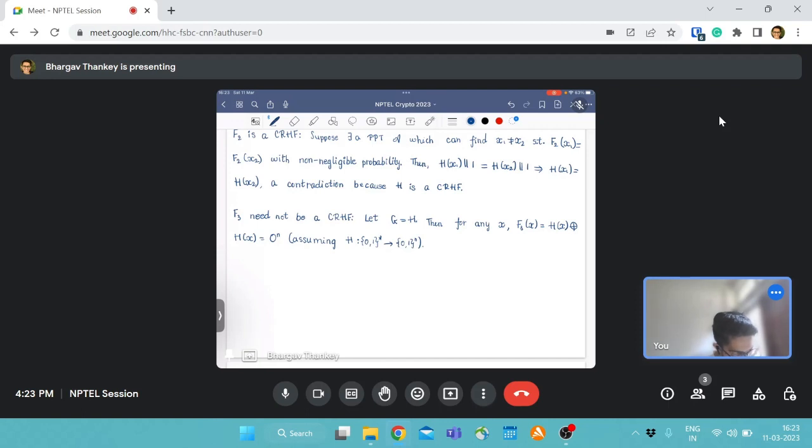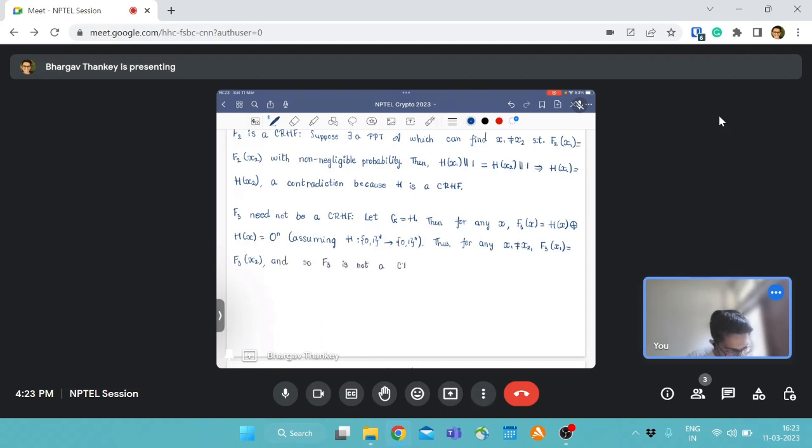And now it's very easy to find a collision for F3, f3 of x1 is equal to f3 of x2, and so F3 is not a collision resistant function.